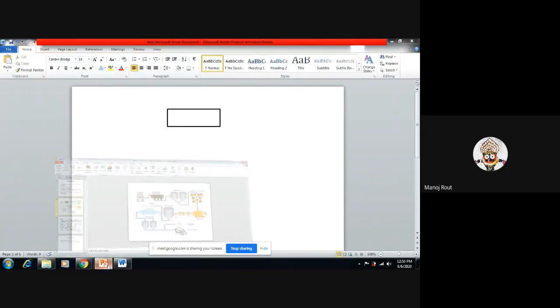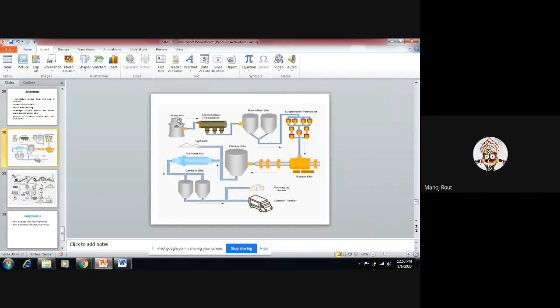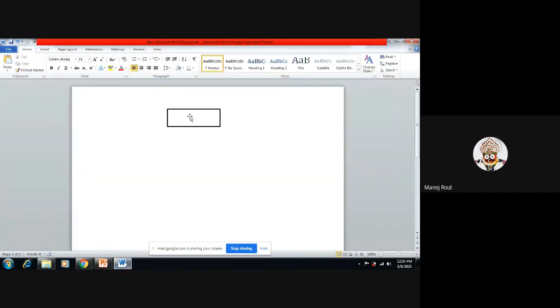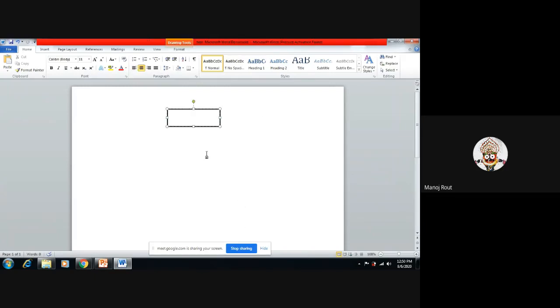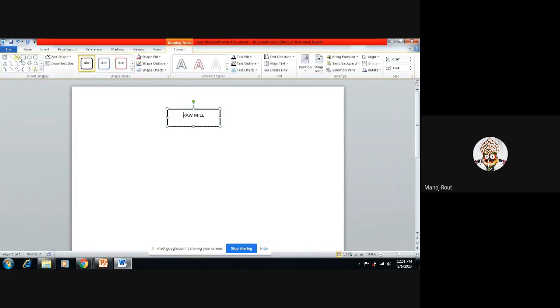As far as this one is concerned, the first one is raw mill. Here you can edit and add text. Just type raw mill. This is the first step of your cement industry. Then double click here, where the arrow is given, and just draw that arrow.